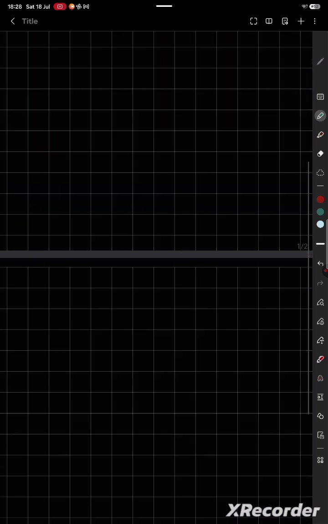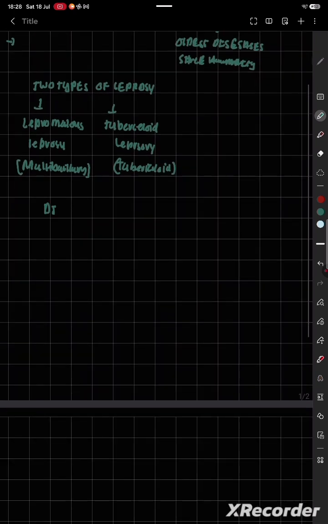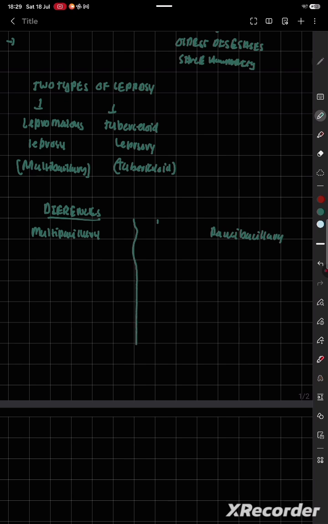Okay, now we have to talk about the differences between the two. So we'll just say multibacillary, paucibacillary, and draw a line. Multibacillary occurs in people with poor CD4 T cell count, and paucibacillary occurs in people with good CD4 T cell count.